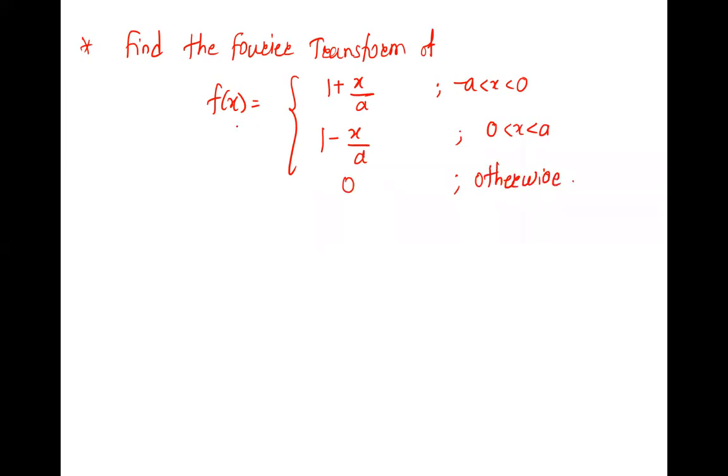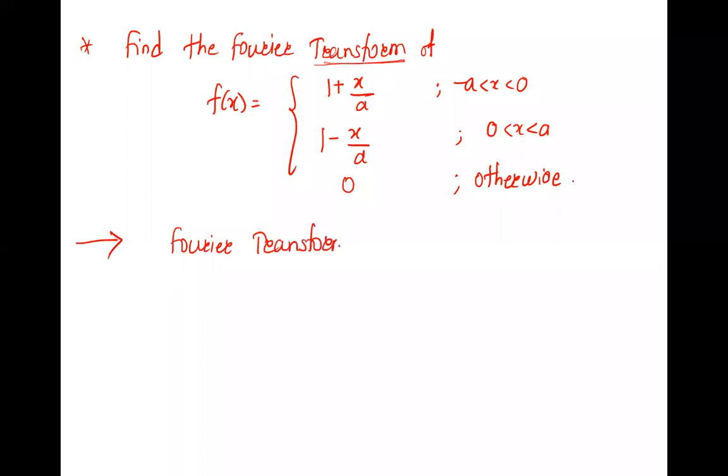If you see, these functions are defined like this in Fourier series also. So it's very important that you read carefully whether it is a series or a transform. And as it is a transform, the Fourier transform is.